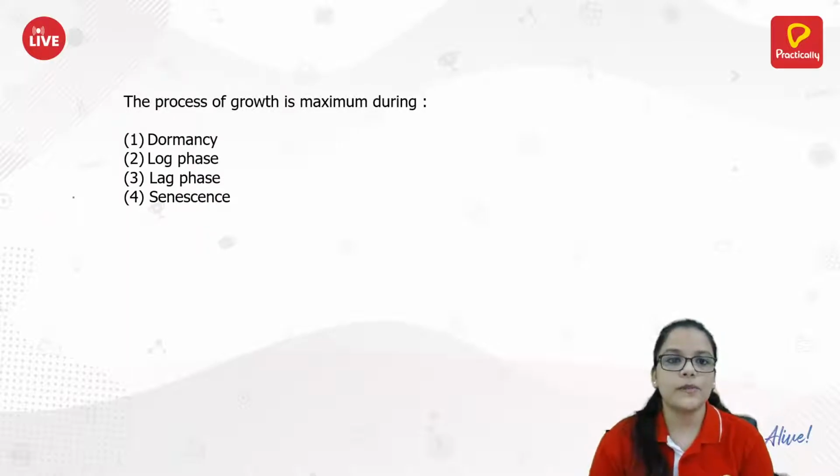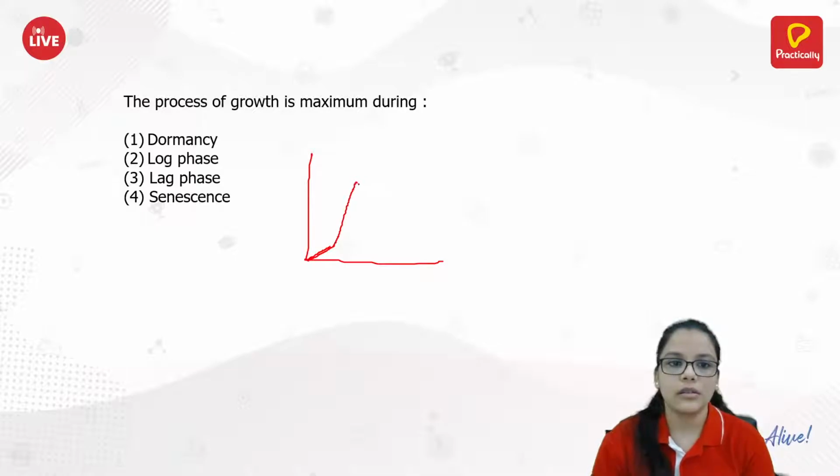The process of growth is maximum during, see, this is the growth curve, sigmoid curve. It goes lag phase, log phase, dormancy or stationary, then death. So this is lag, this is log, this is stationary, this is death.